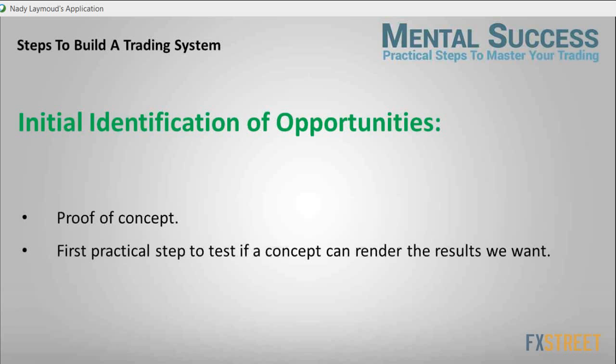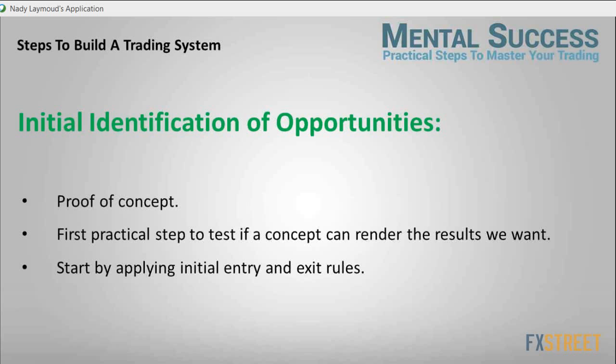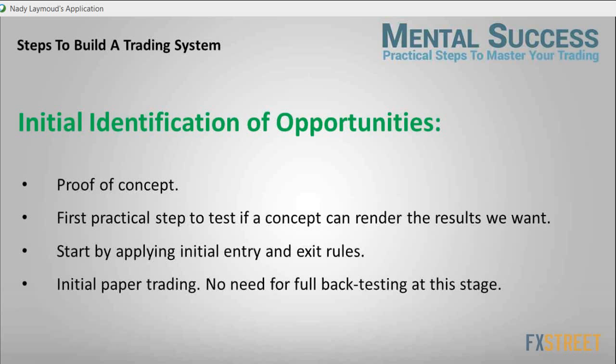Start by applying initial entry and exit rules according to what you learned about the concept you plan on using. Now we will start our initial paper trading, and there is absolutely no need to do full backtesting at this stage. All we need to do is confirm a positive feedback. If results are positive, then we should move forward to the next step.